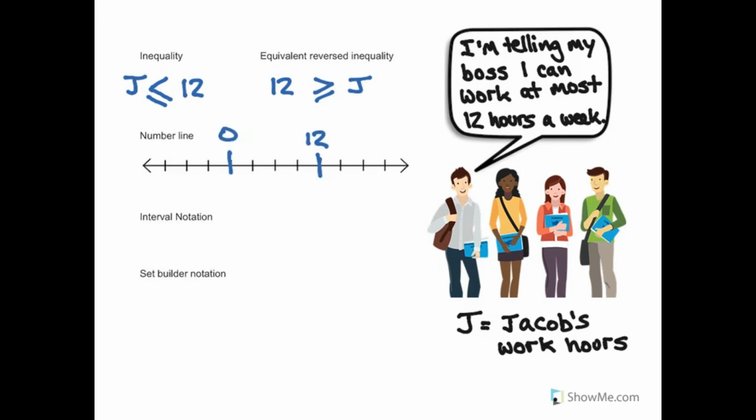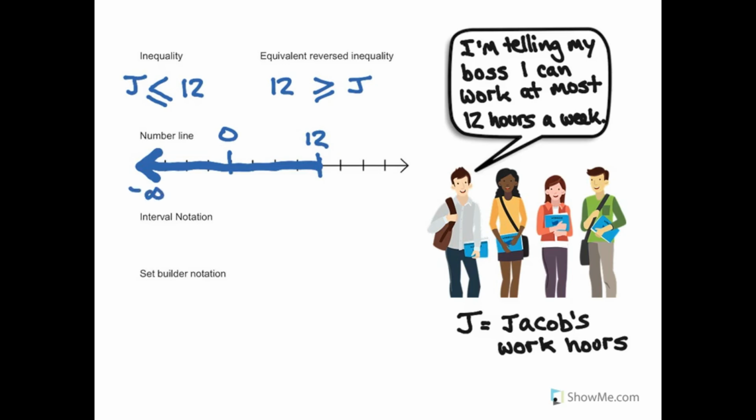On the number line, we're shading the numbers that make the inequality true. Those are numbers below 12, to minus infinity. Now, clearly Jacob can't work less than 0 hours, but in the inequality, we include everything.